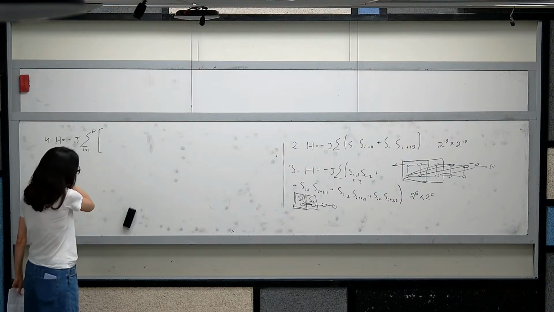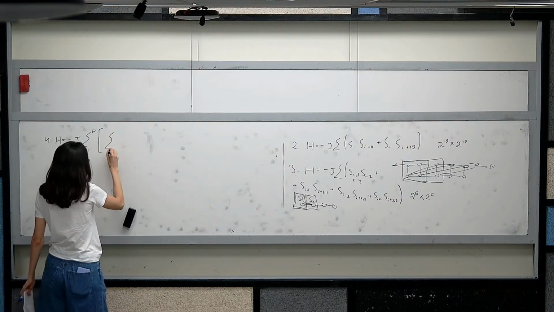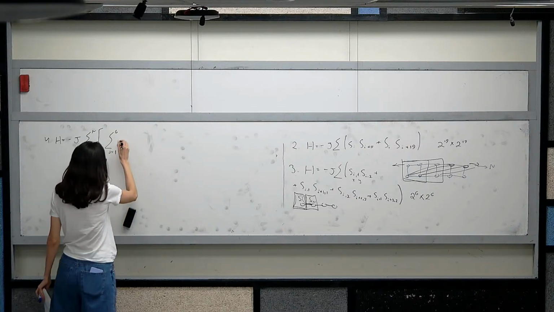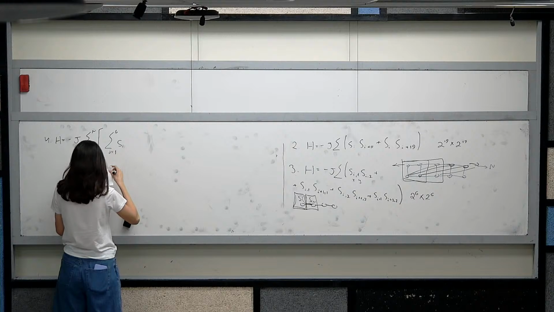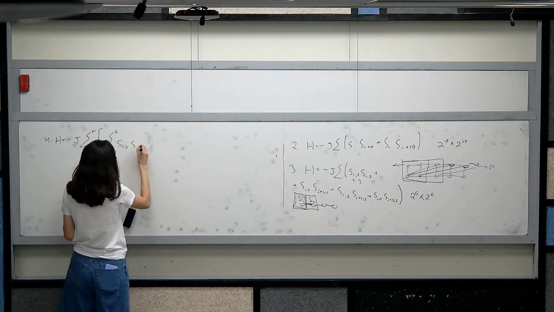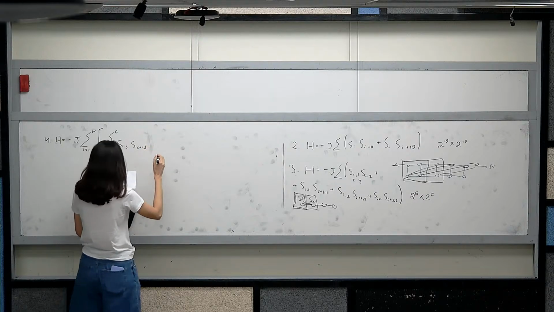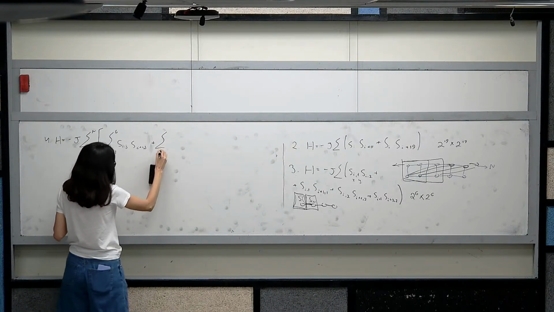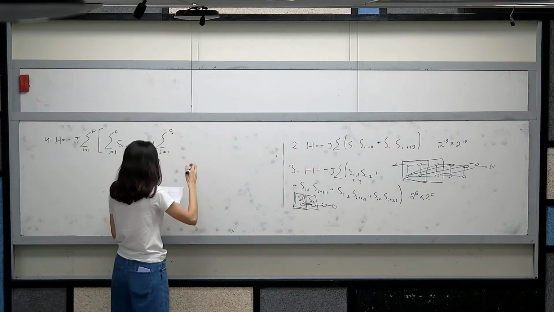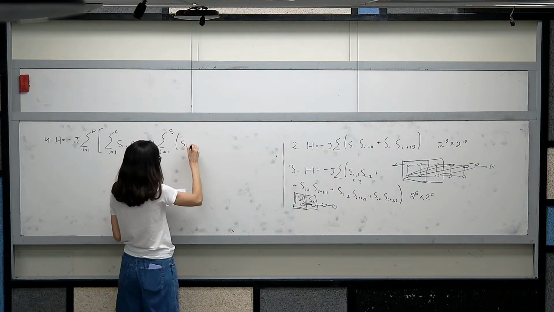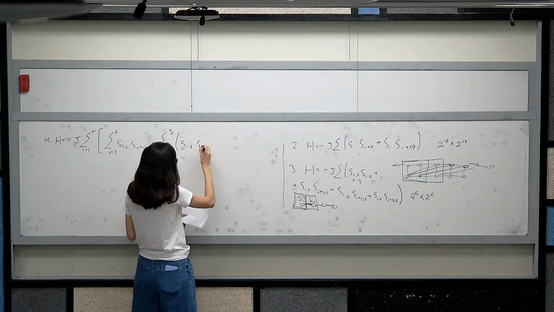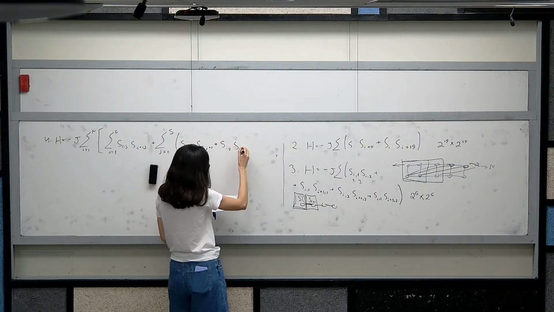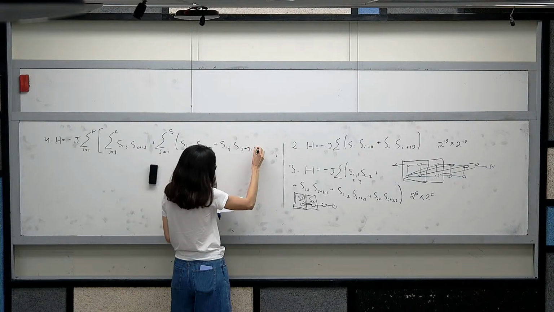And inside the bracket we have one summation over j, which is the y coordinate, going from 1 to 6, of S_ij with S_(i+1)j, and plus a sum, also over j, j going from 1 to 5, of S_ij with S_i(j+1), plus S_ij with S_(i+3)(j+1).